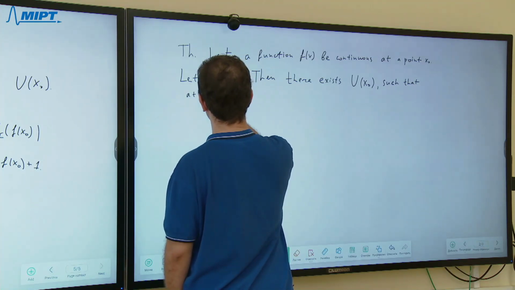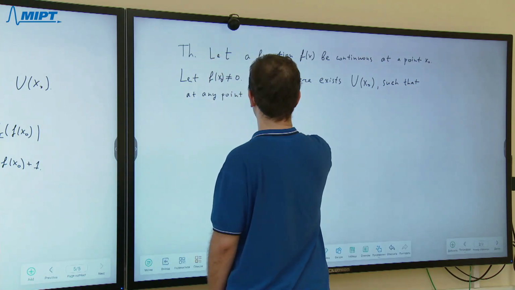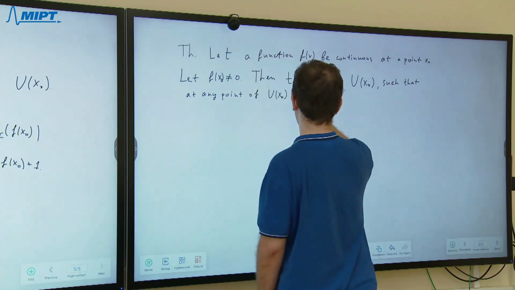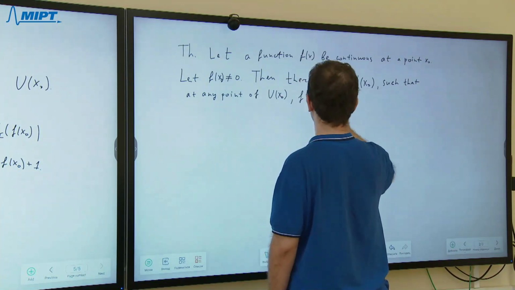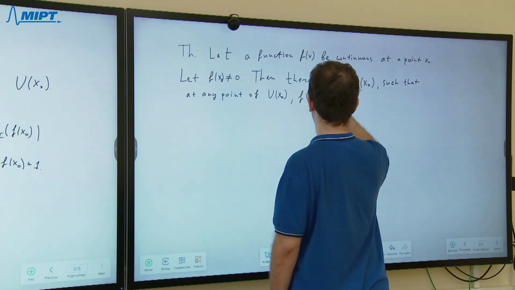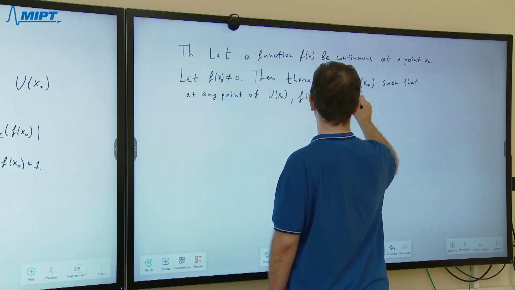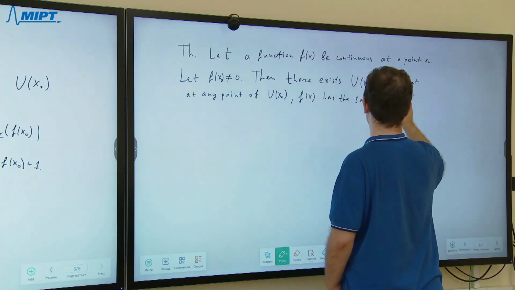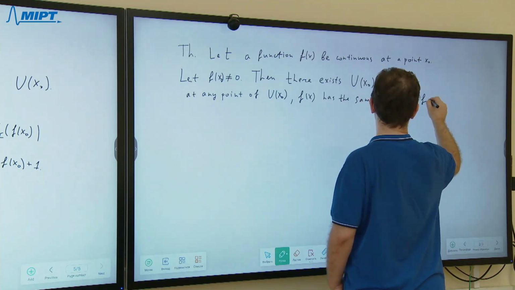At any point of this neighborhood, my function f of x has the same sign as f of x0.